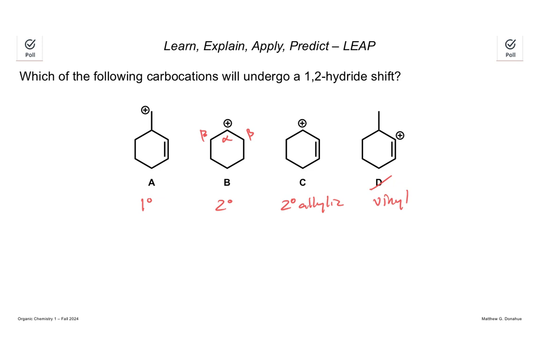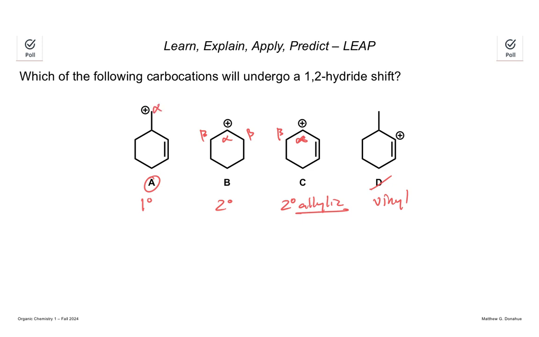C is secondary allylic. So it's sort of already resonance stabilized, meaning that if a hydrogen from this beta carbon were to move over, it would lose the allylic stabilization. So the best answer is going to be A.